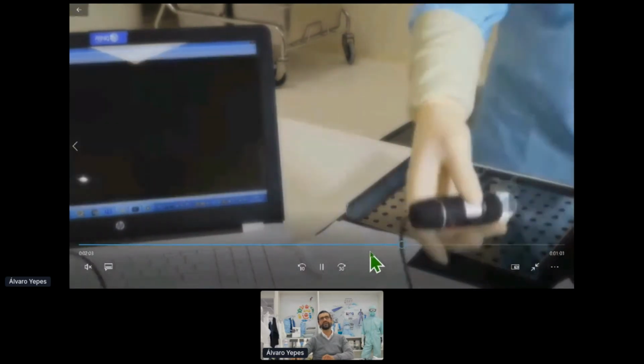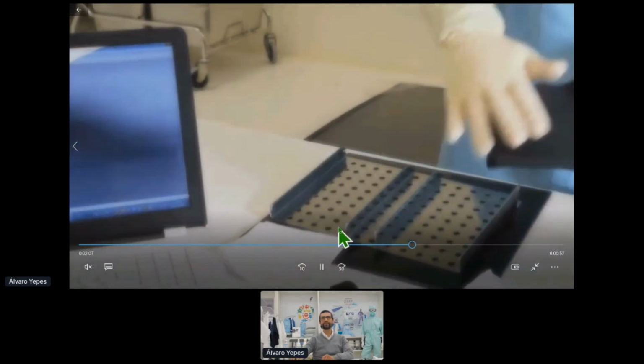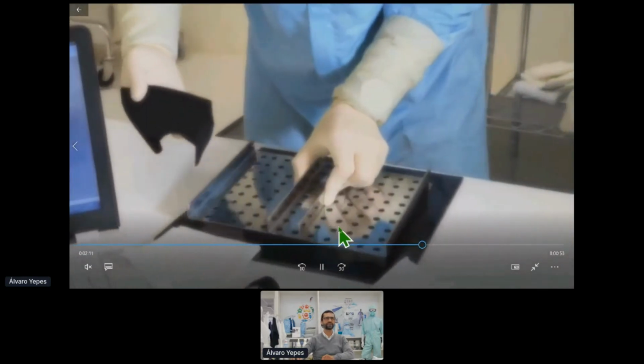We can see clearly that there's a big difference between the two materials. So imagine what the impact is for you in the process itself.